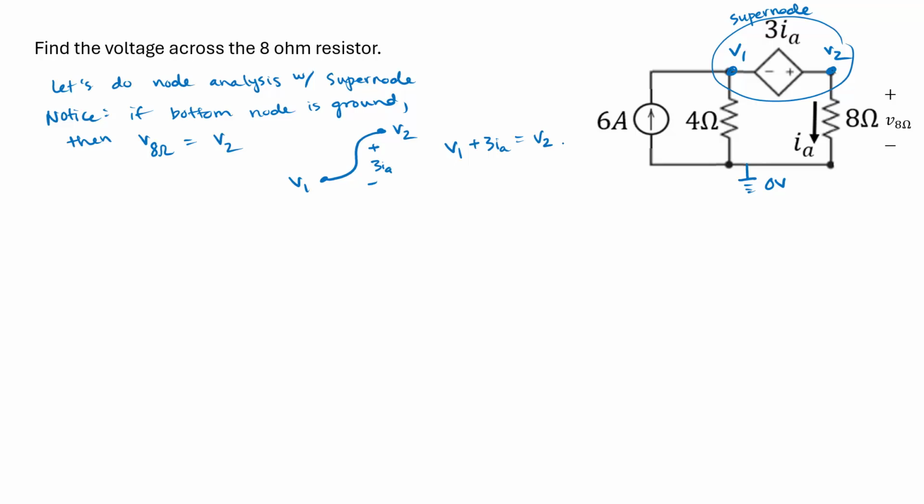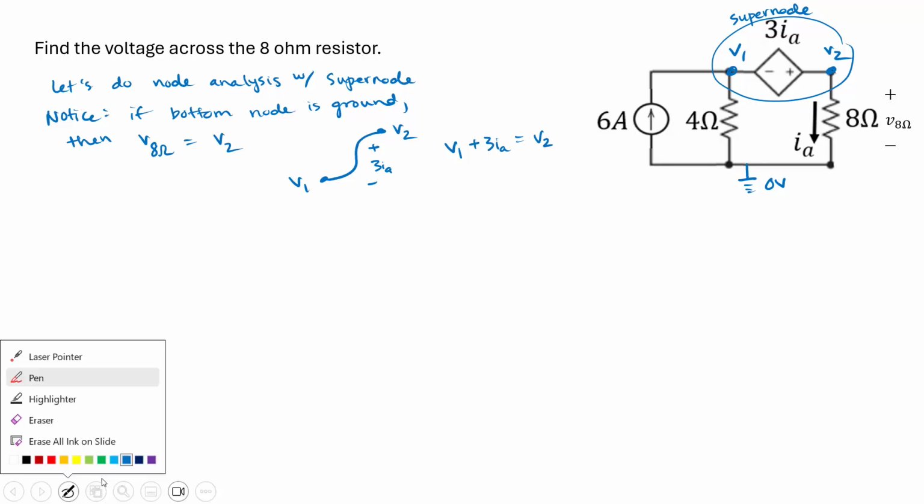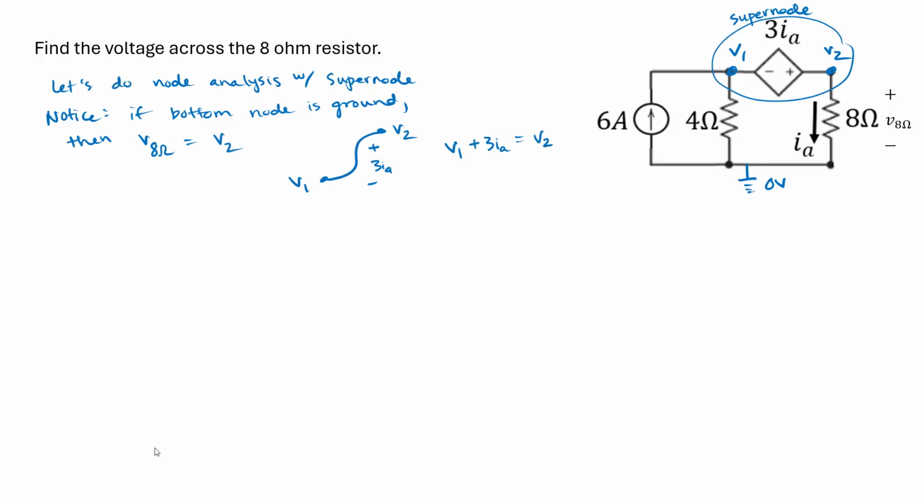All right, so let's go ahead and do our node analysis. Specifically, we will apply Kirchhoff's current law to this supernode. And to do that, we'll want to assume some currents. So I'm going to go ahead and assume I1, I2, and I3. Let's have I1 enter our supernode from below.